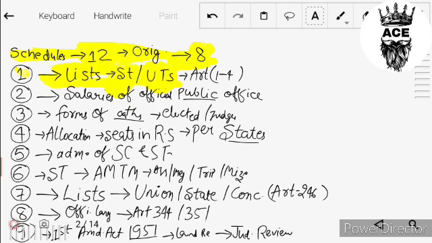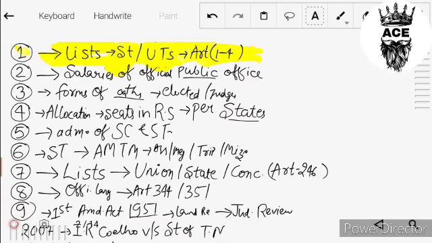States and UTs. So states and UTs are included under the first schedule. Articles 1 to 4 is the thing. And the second schedule deals with the salary of the officials of public offices, whether it is CAG, judges, whatsoever.